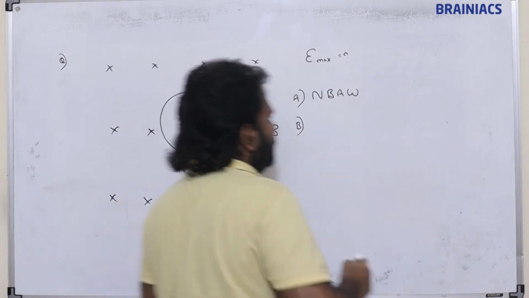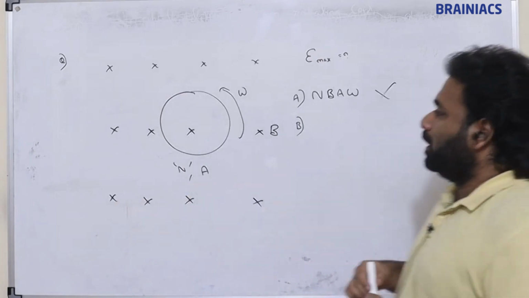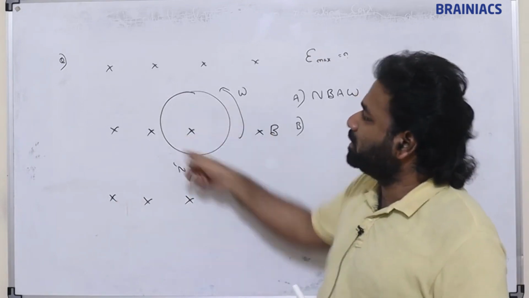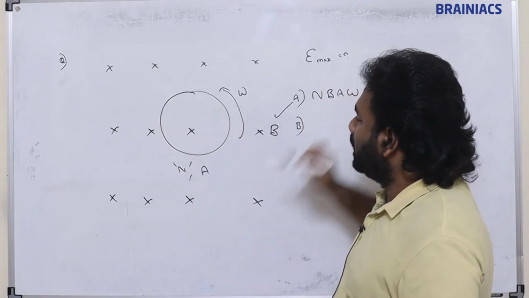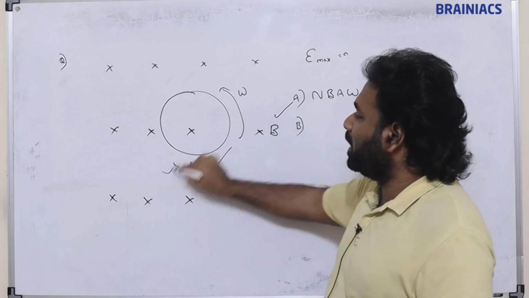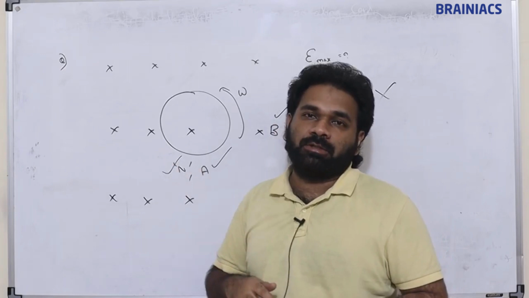Okay. If you are saying NBA omega, this is wrong. Thing is, here this is simply rotating. Magnetic field is constant. Area is constant. N is also constant. At least the angle should change.